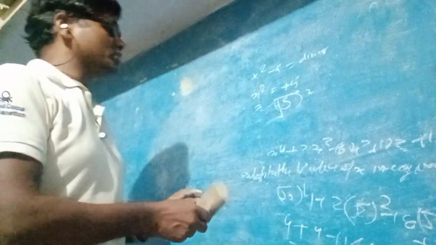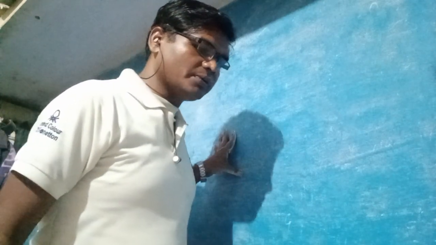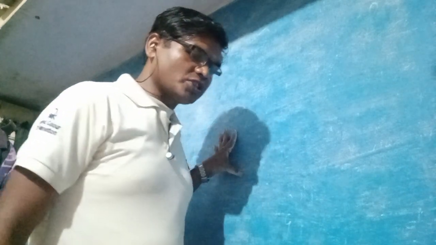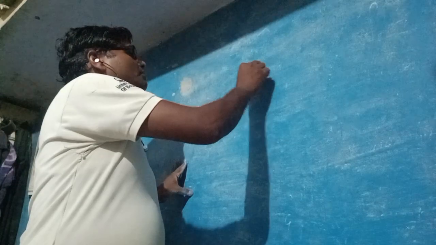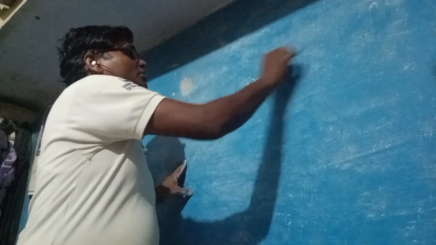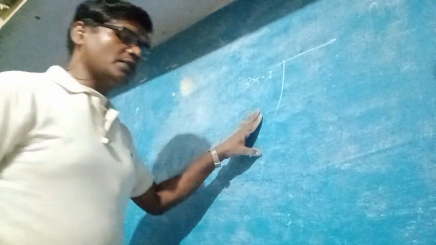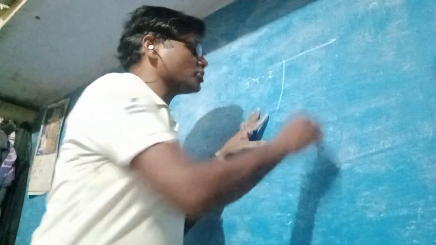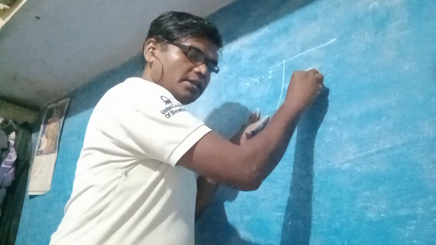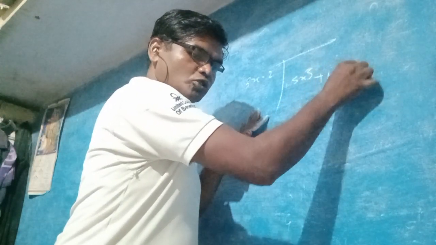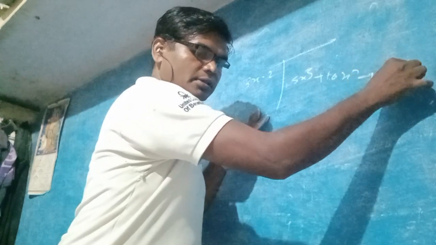Suppose we take another example. With the help of another example, we will solve another type of question with the division method and find the remainder. Here is a question. The divisor is 3x minus 2, and the dividend is 3x cube plus 10x square minus 14x plus 9.